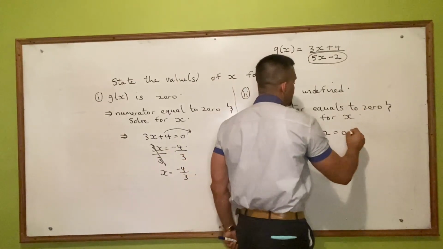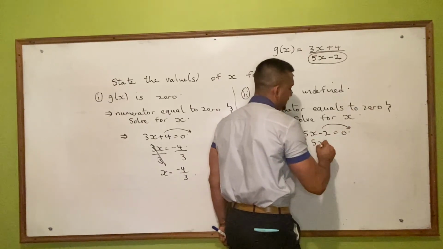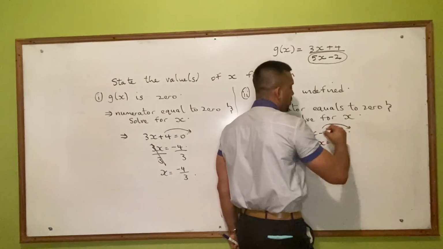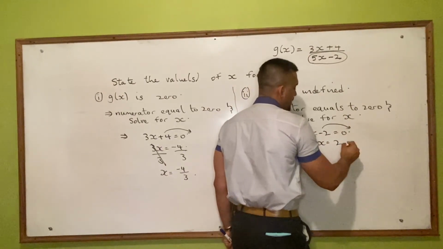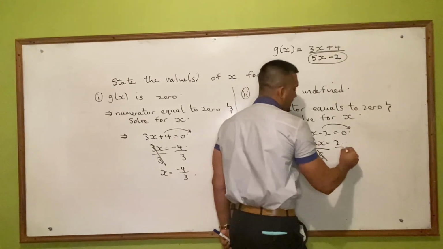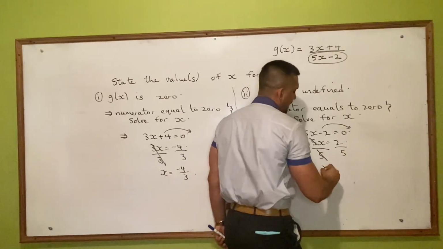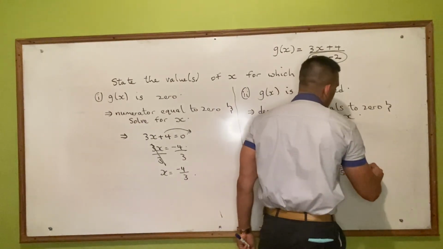Place that equal to 0 and solve for x. Minus 2 comes across, so we get 5x is equal to 0 plus 2, because minus changes to plus. And 0 plus 2 is 2. Then you divide by the number in front of x, so we divide by 5 on both sides. So we get x is equal to 2 over 5, or 2/5, or it can be written as 0.4.